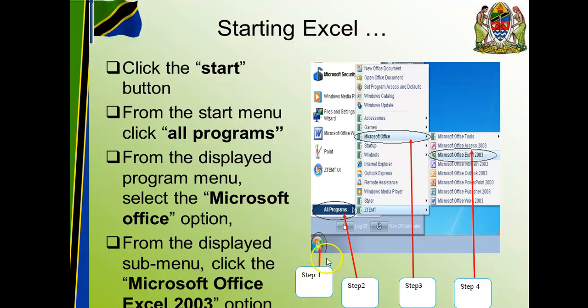This is step number 1. After clicking this one, the all programs menu appears. Then click on all programs. After that, go to step number 3. Click on Microsoft Office. Then the Microsoft Office menu will appear, which includes Microsoft Access, Microsoft Word, and so on.